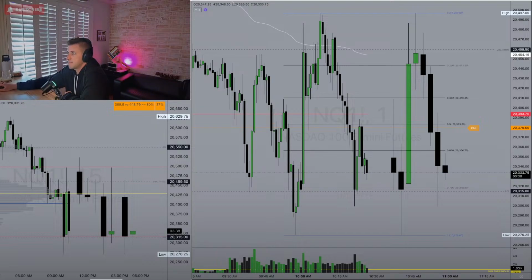Des short from VWAP. Pat, Jacob. Oh my goodness, everyone. Wowzers. Oh, nicely green out there then.